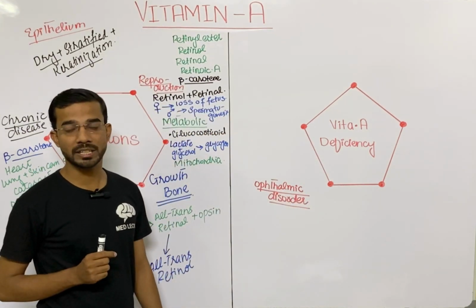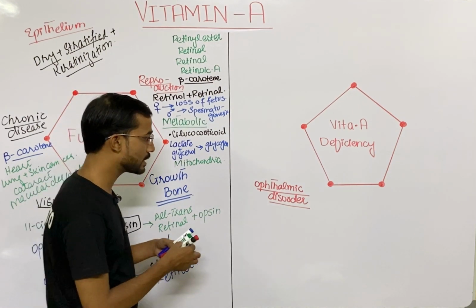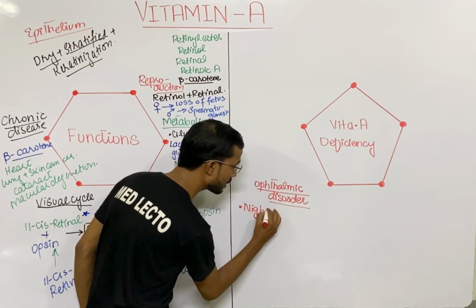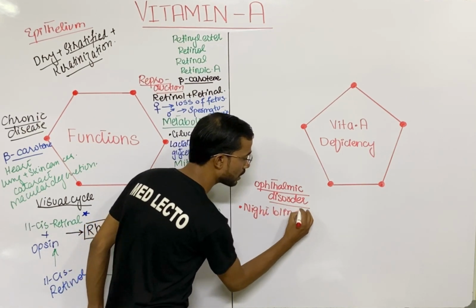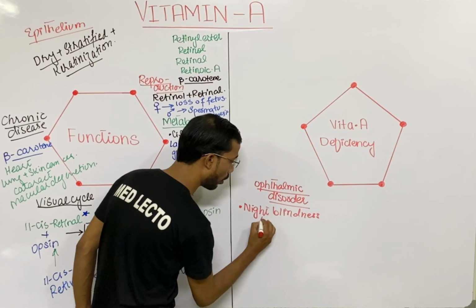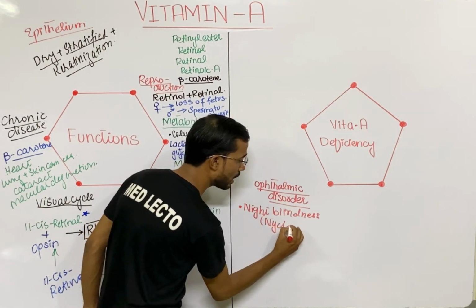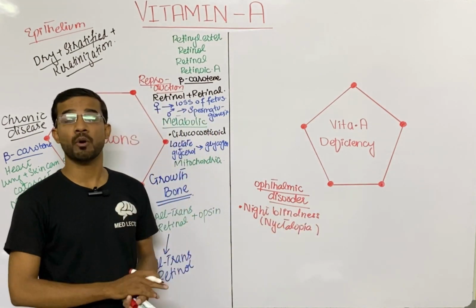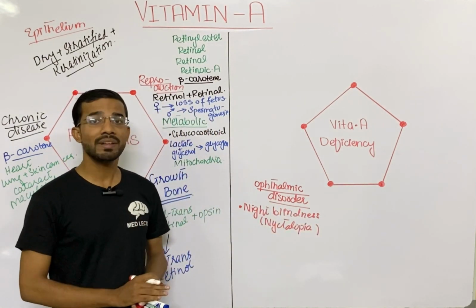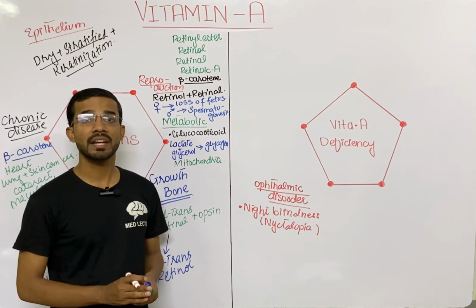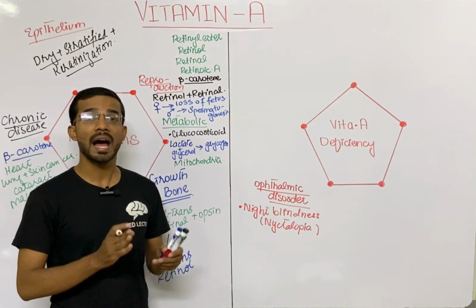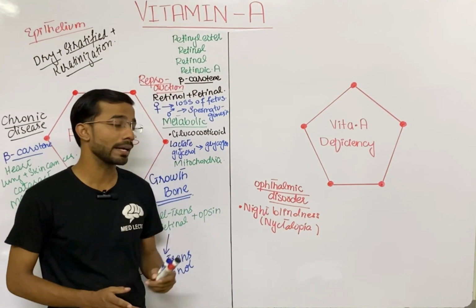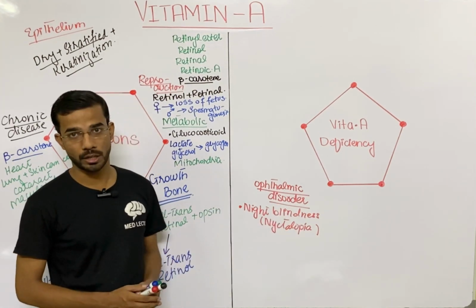The first sign of vitamin A deficiency is night blindness, or nyctalopia. Vitamin A is very important in the production of rhodopsin. When there is no vitamin A, there is no production of rhodopsin, and ultimately that person will not be able to see in dim light, and that is called night blindness or nyctalopia.